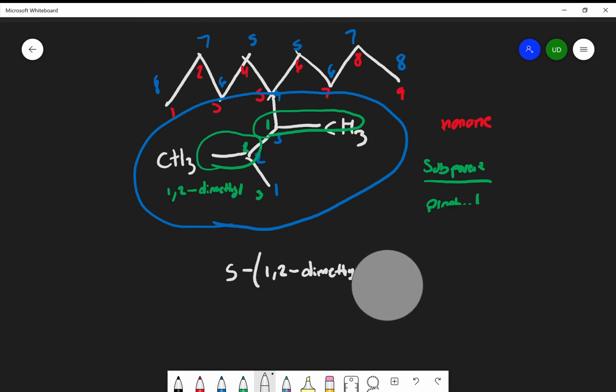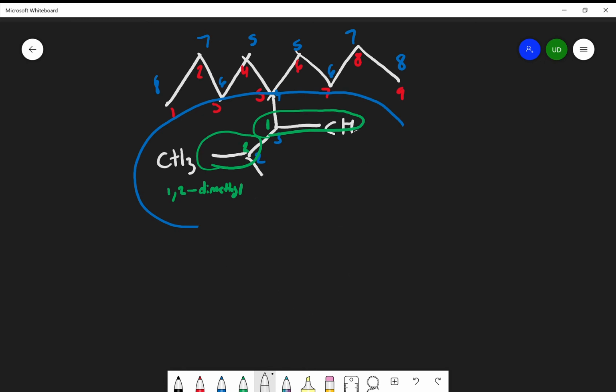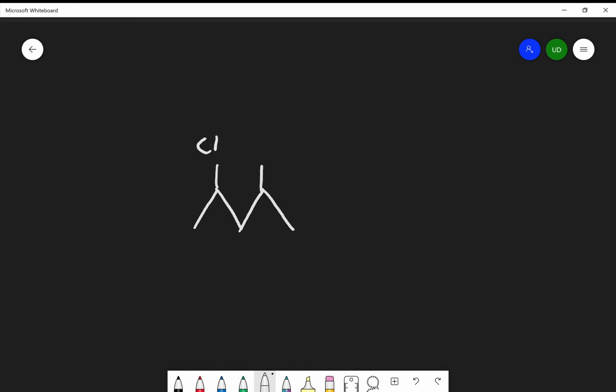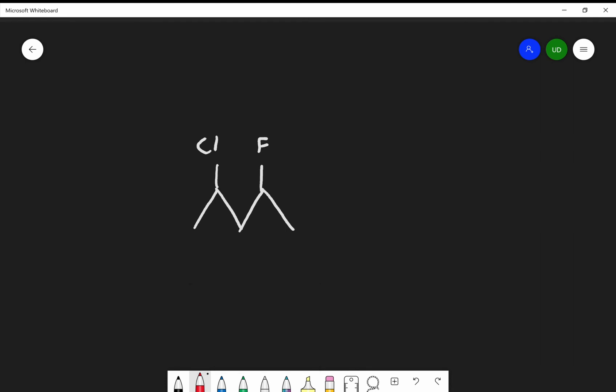So let's try a very different one than the ones we've been doing so far. Oh, it's getting slow. Okay, so for this one, where do you want to start the numbering chain?